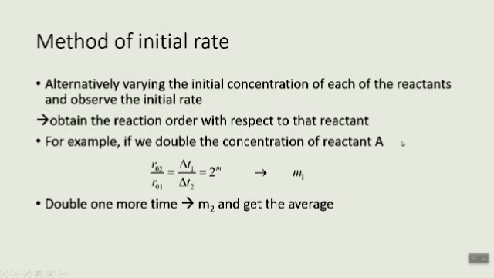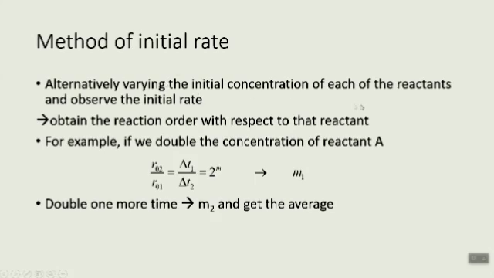In order to obtain the reaction order, we use the method of initial rates. In this method, we alternately vary the initial concentration of each reactant and observe the initial rate. From that, we can obtain the reaction order with respect to the reactant whose concentration we vary.